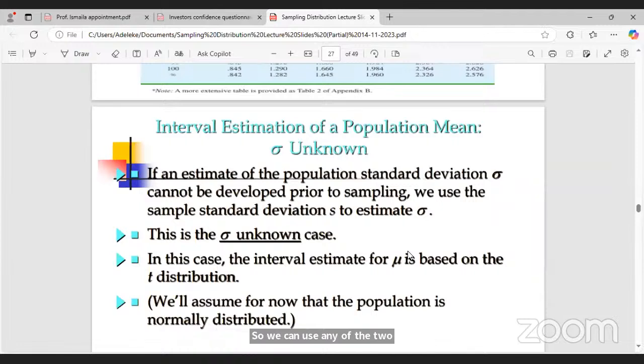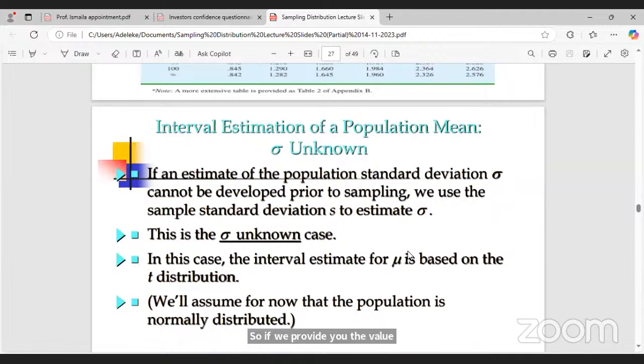So what you should try as much as possible is to ensure that you know how to check the table. Okay, sir. If we provide you the value, fine.